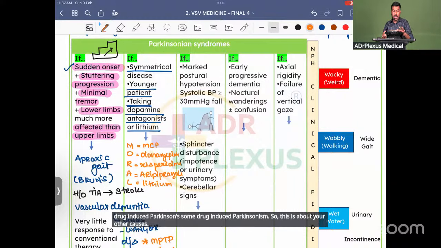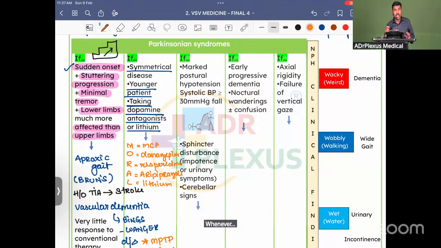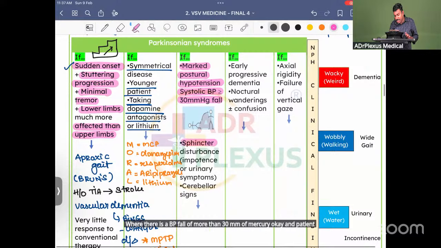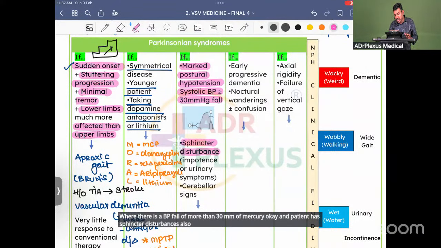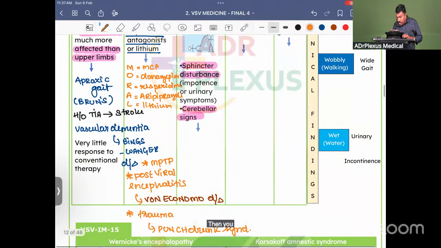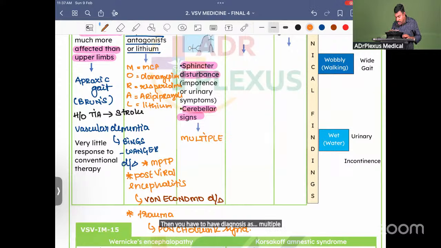Coming to proper Parkinson plus. Whenever a patient with Parkinson-like features is given in a question and the patient has marked postural hypotension, where there is a BP fall of more than 30 millimeters of mercury, and the patient has sphincter disturbances also, and cerebellar signs, then you have to make the diagnosis of multiple system atrophy.